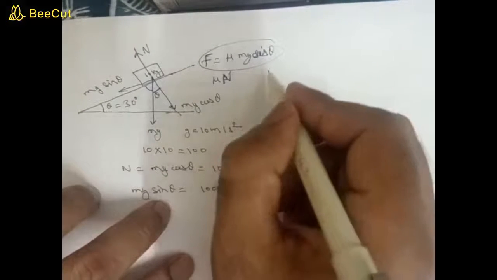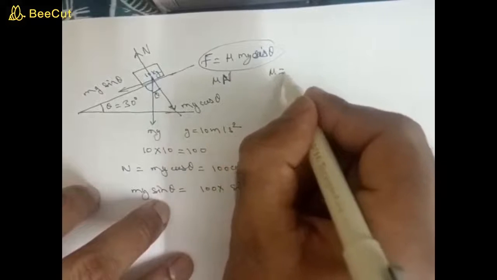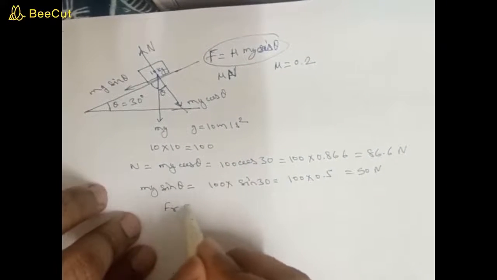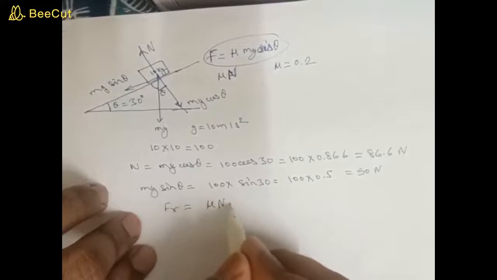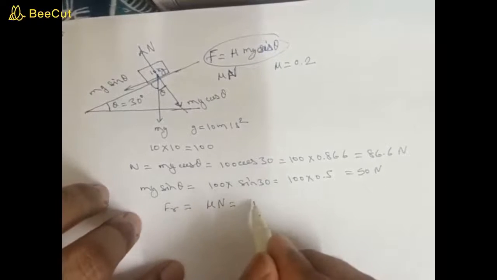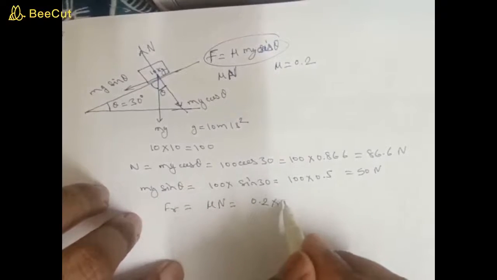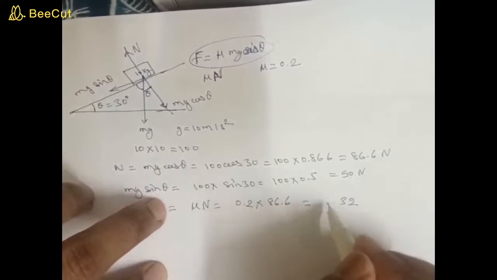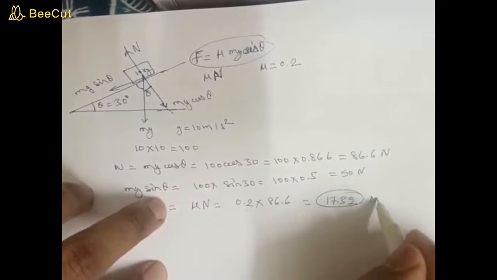Suppose the coefficient of friction mu is equal to 0.2. So how much will be the friction force? Friction force Fr is equal to mu into N. So mu is equal to 0.2 and N is 86.6. We can multiply this, and it will be 17.32 Newton.